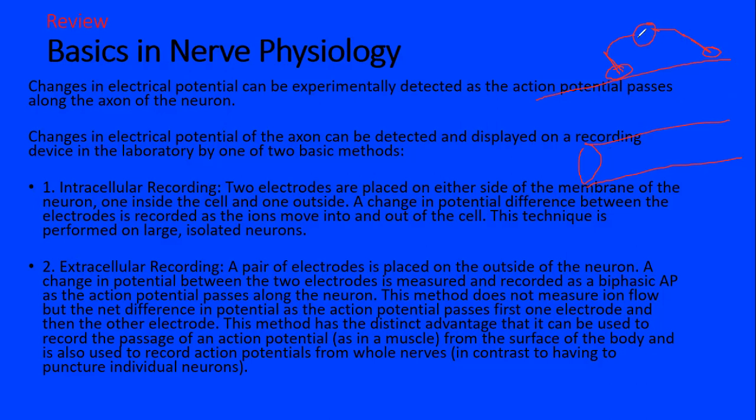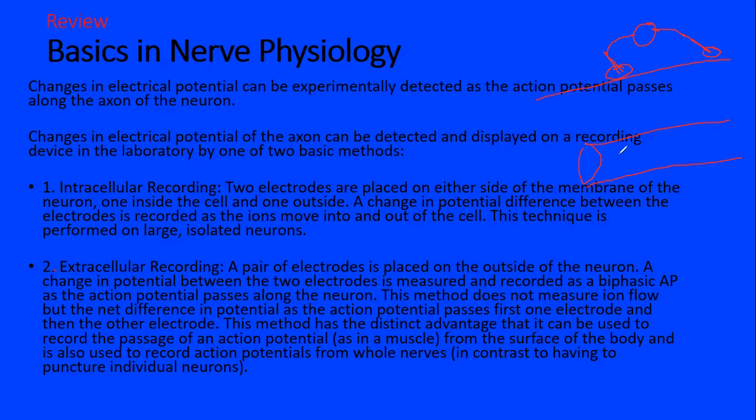That way, you can follow a graph and tell when it was picked up here, when it was in the middle, and then when it was picked up here and when it disappeared. When you do this kind of surface recording, this is what we call the extracellular recording.